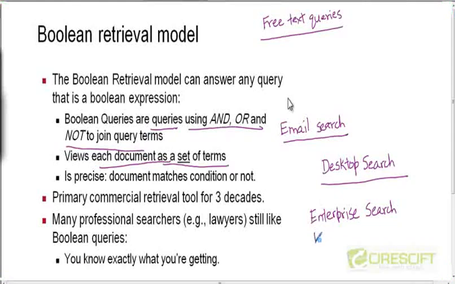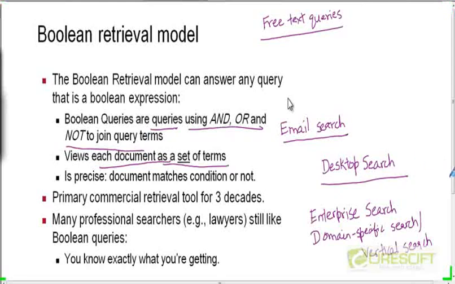Alternately, there's something called domain specific search, sometimes also called vertical search. A domain specific search or vertical search provides search over documents within a particular subject area. For example, there are some search engines which particularly deal with just health queries and health related documents.